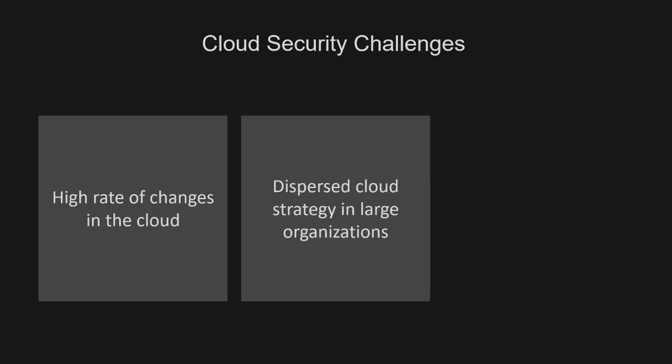So with that expansion, how can you make sure that anything that gets instantiated in 1 hour is secure from day one? There is no way a manual security engineer can do this work.